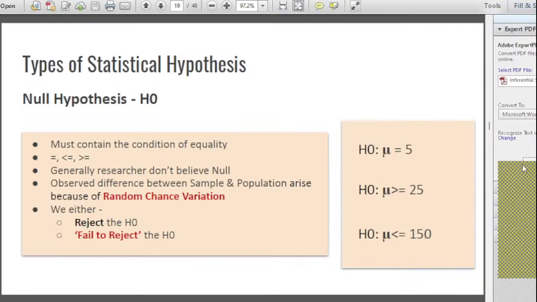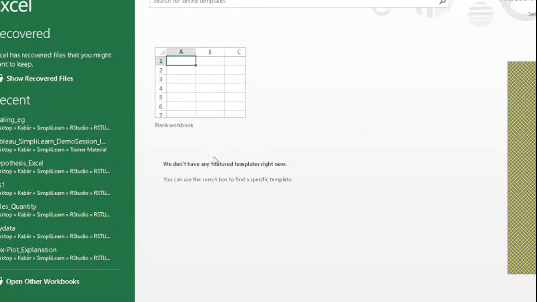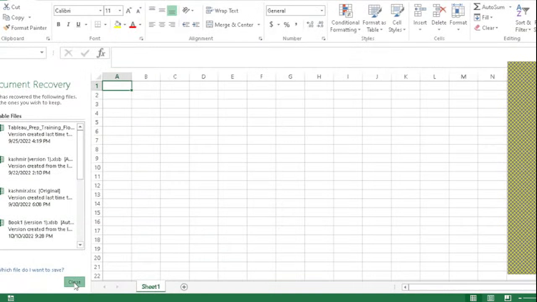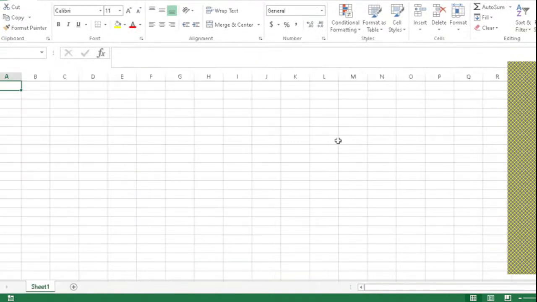So between null and alternate hypothesis, which of the hypothesis will you construct first? We discussed that yesterday many times. I told you that alternate. It's easy because it is the claim that is to be tested and it is easy to distinguish, right?